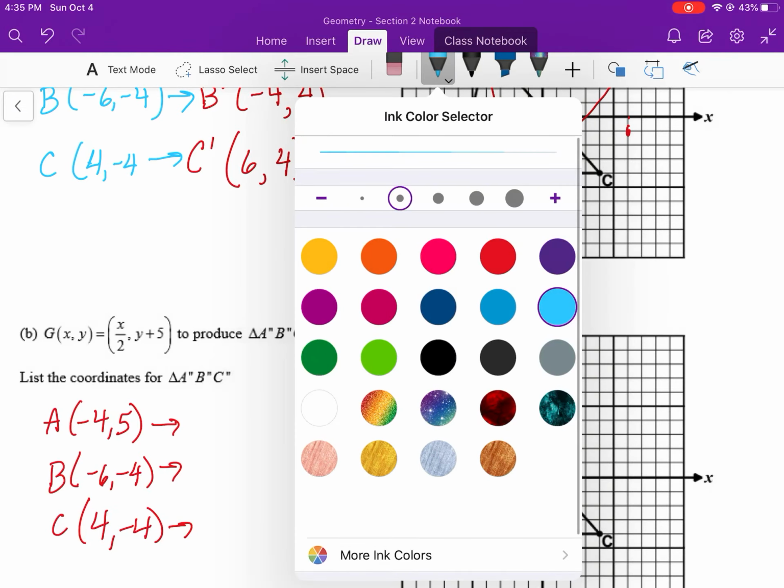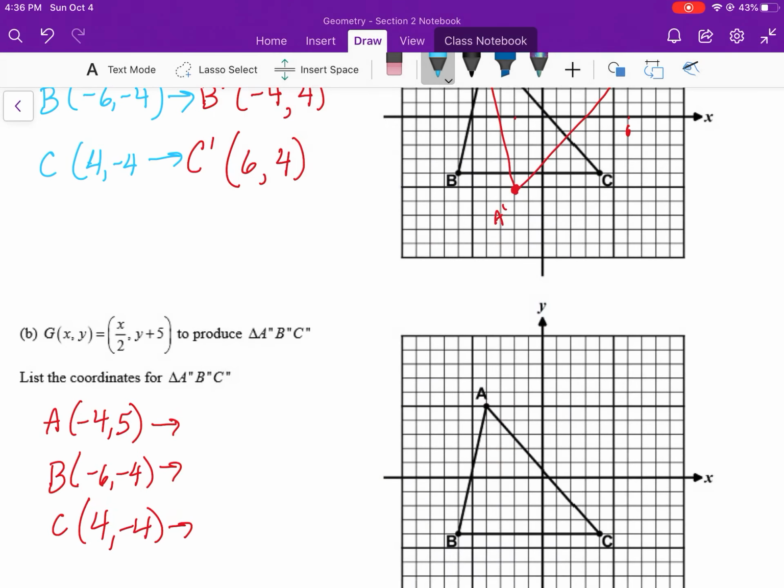All right, so A prime is going to be x divided by 2, so negative 4 divided by 2 is negative 2, and then 5 plus 5 is 10. B prime is going to be negative 6 divided by 2, which is negative 3. Negative 4 plus 5 is 1, I think.